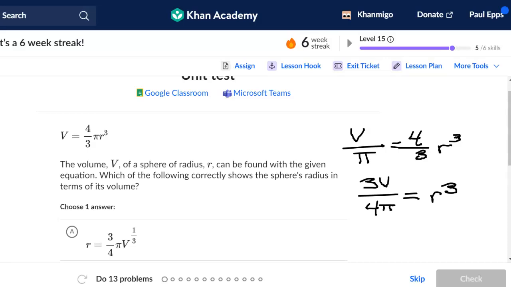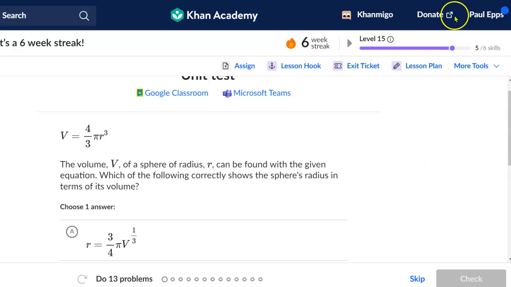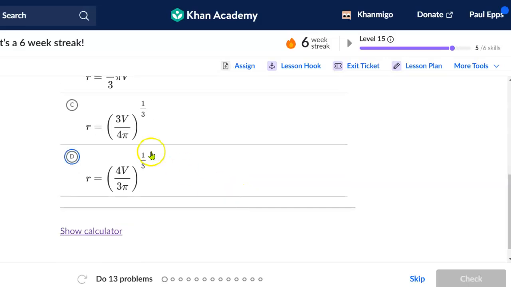So we've got 3V over 4 pi, and we need a cube root of that. So let's see what we've got. So this one is 3V over 4 pi. Take the cube root, and that looks like the correct answer.